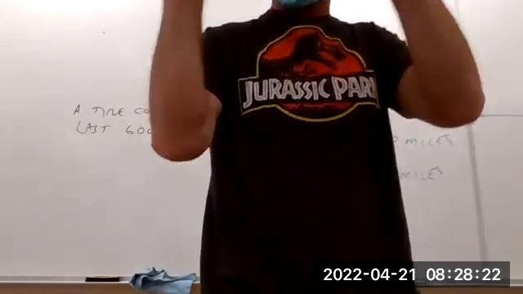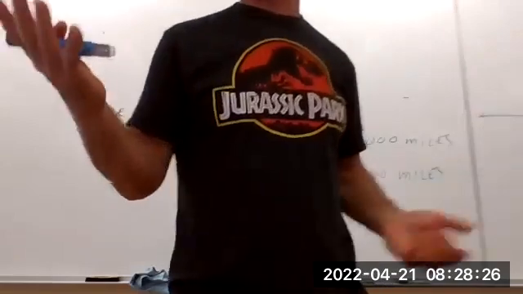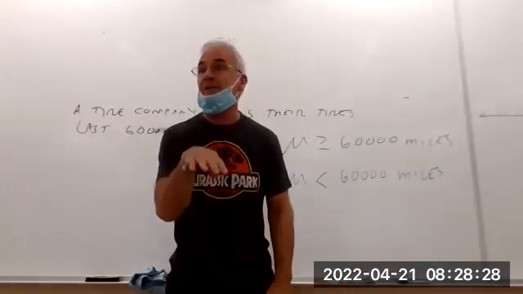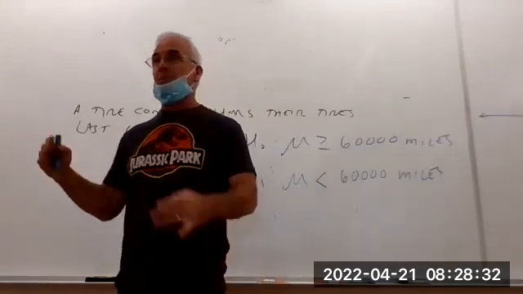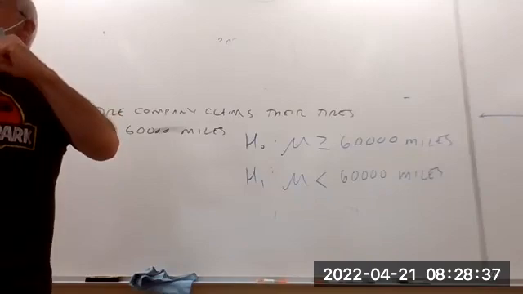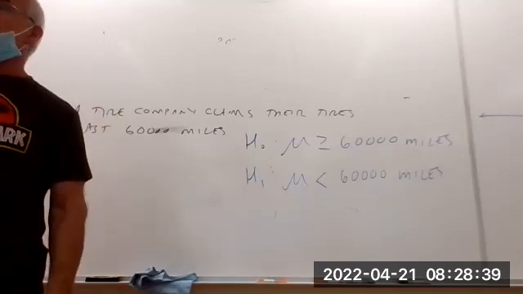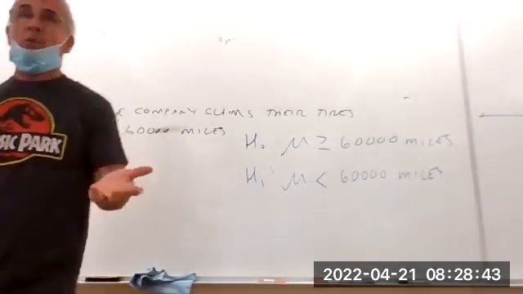It says exactly how much tar and nicotine is in each cigarette. So a lot of people have been trying to catch them for years on underreporting the dangerous chemicals. But they don't, because they don't like getting sued. They're putting the right amount of tar and nicotine. This is how much each cigarette has. If they underreport it, they could get in trouble, because now it would seem like they're trying to deceive you. But no, they're actually reporting it correctly.